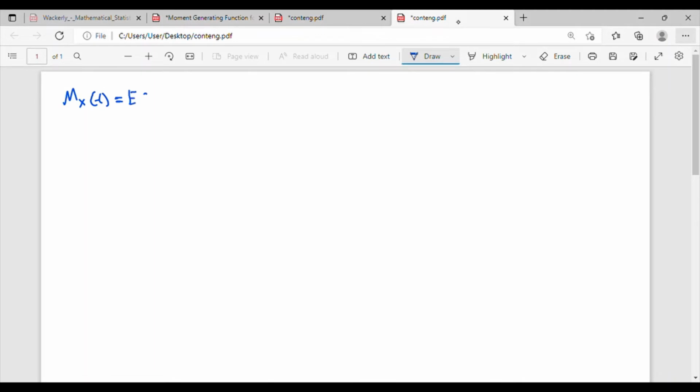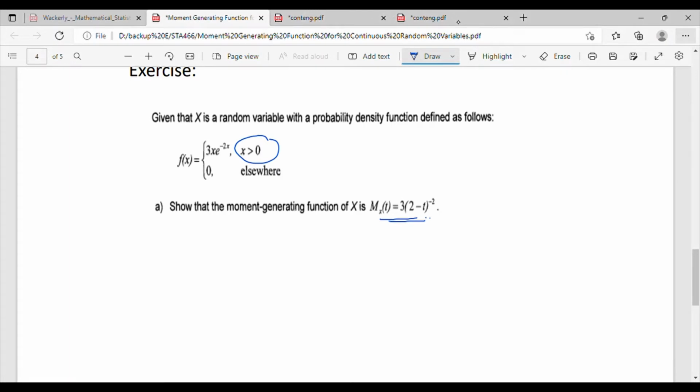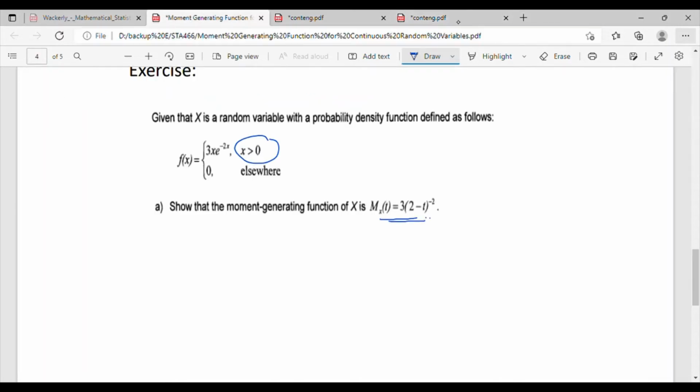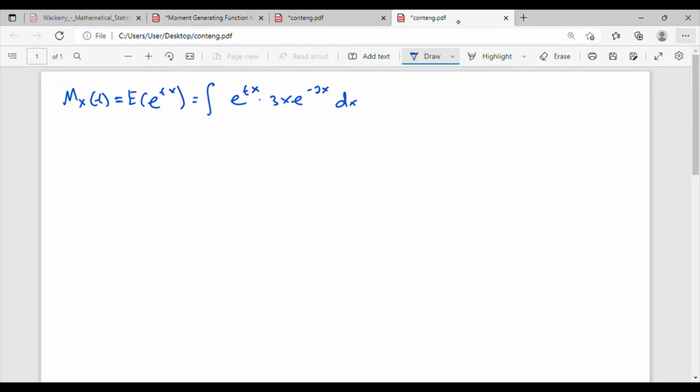It is the expectation of e power of tx. Because x is a continuous random variable, to find the MGF we need to integrate e power of tx multiplied by the function. The function is 3x e power of negative 2x, integrated with respect to dx from 0 to infinity because x is more than 0.